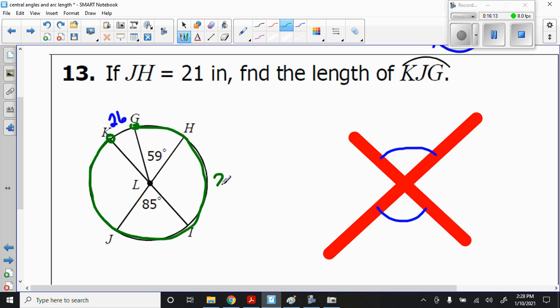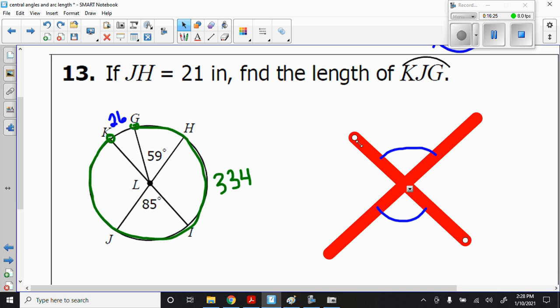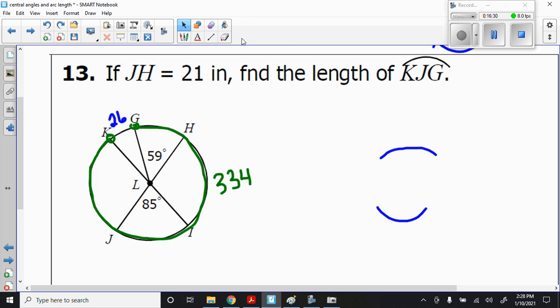And all of that is 334. That's the arc measurement that I need for my formula. That was actually a pretty quick way to find it. So let me get rid of all this. And then I can set up my equation.